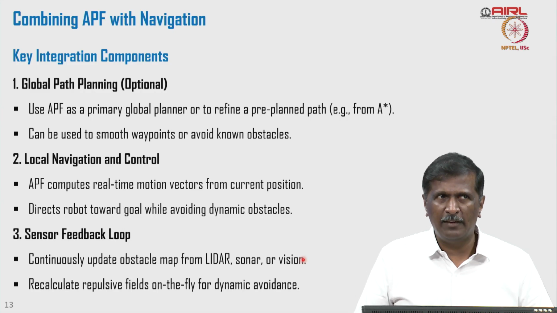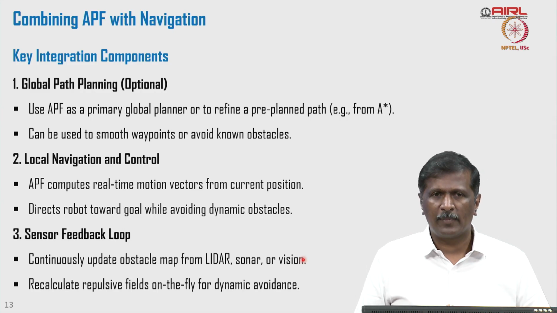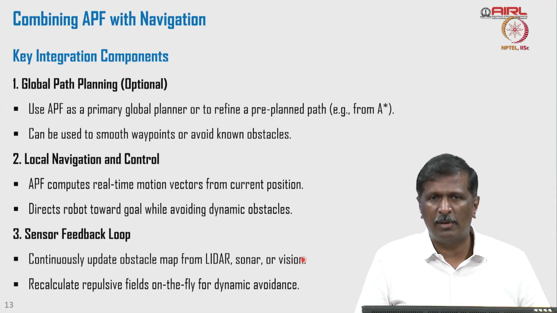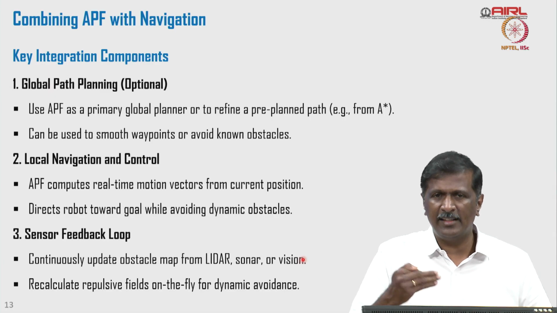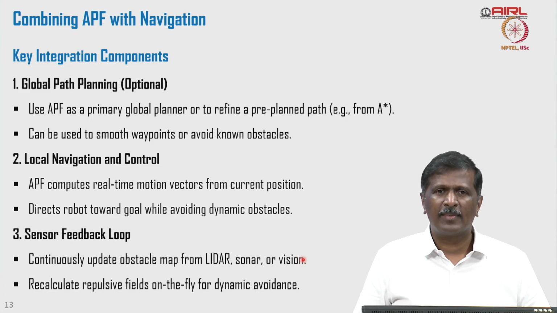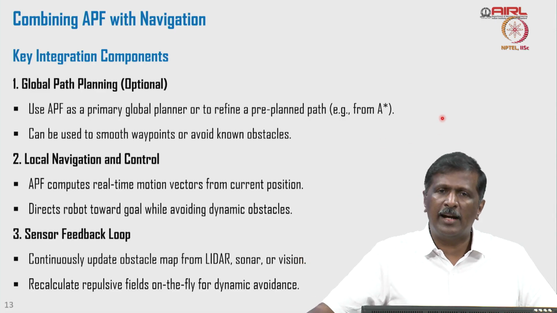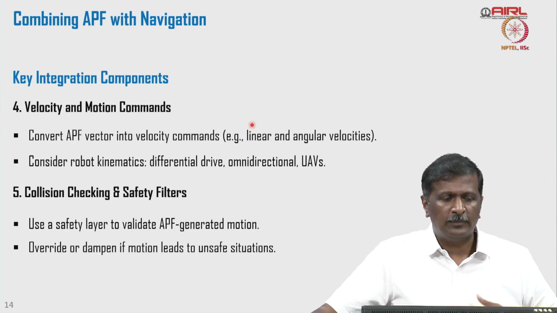It's always a belief that if you take any sensor, the probability of detection of obstacle is very high when the threat is very close to the sensor, whereas when the threat is far away, the uncertainty in detection increases. So if we combine it with the sensor feedback loop, the uncertainty in sensing will keep decreasing so that whatever path you are generating will become easier for you to execute, right? To handle the sensor uncertainty also in that sense, right?